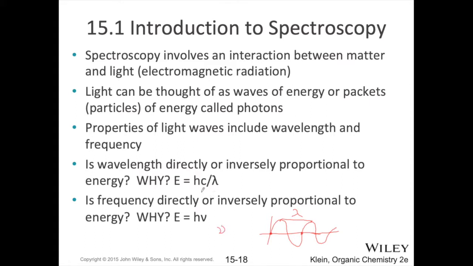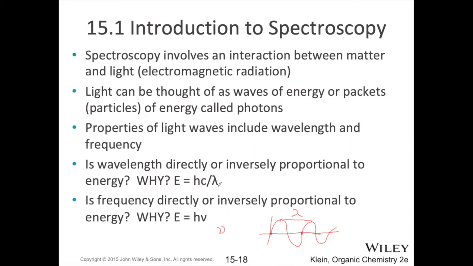In the case of both wavelength and frequency, we can tie those to the energy of the radiation using these corresponding formulas. Frequency is directly proportional to energy, linked together by Planck's constant, represented with the letter h. Energy is also equal to h times c, the speed of light, divided by lambda, the wavelength.